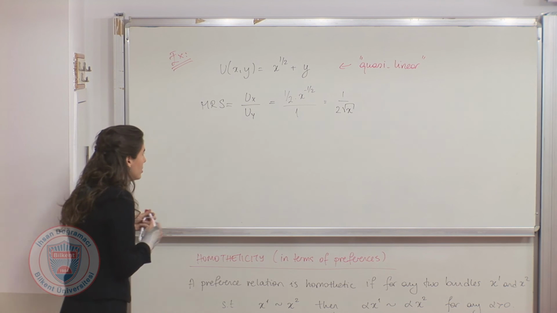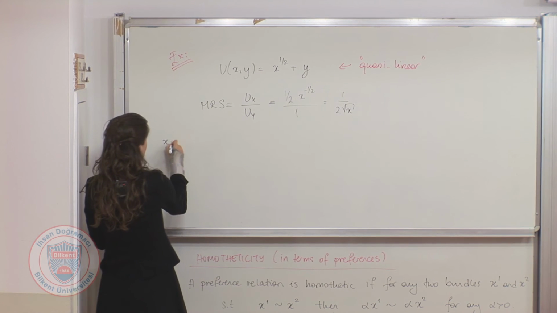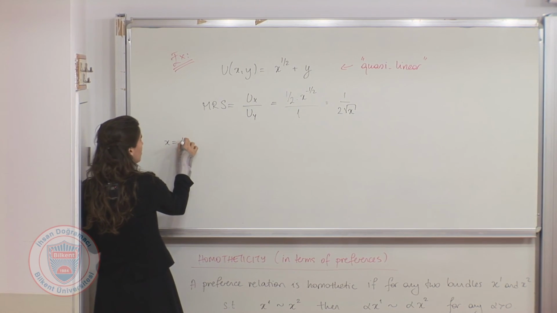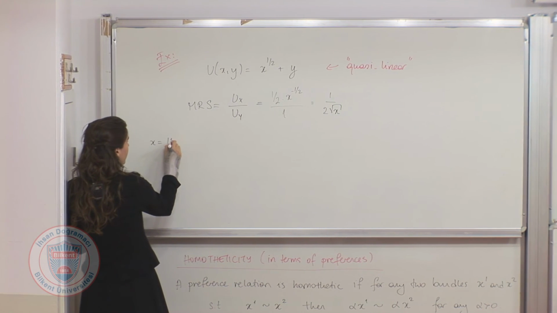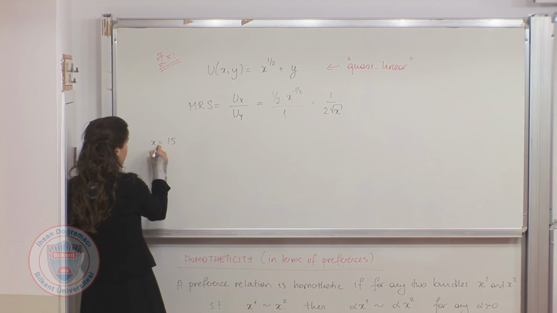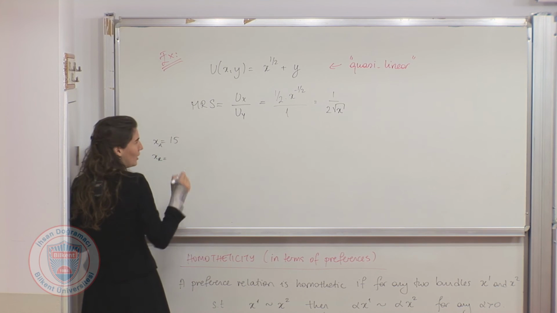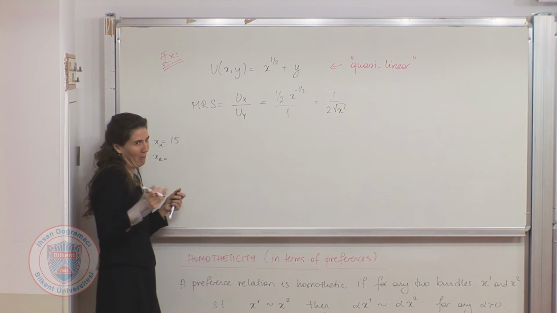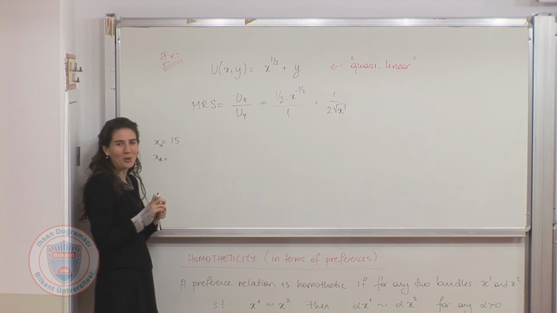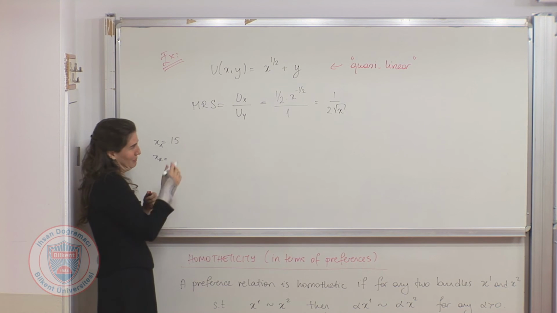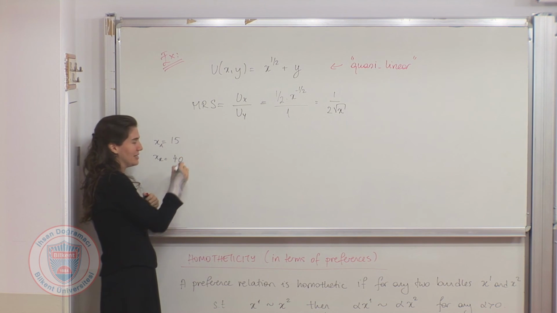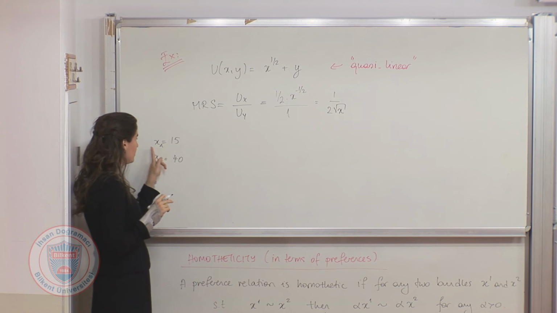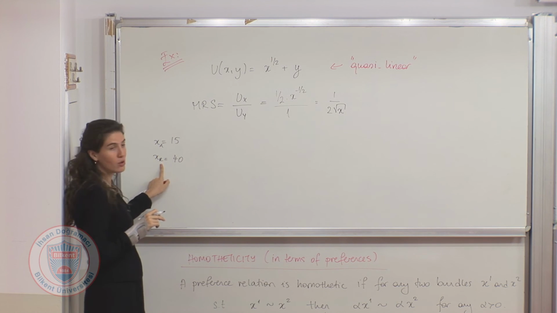Because suppose Akbaba can only go on holiday for 15 days, and Rahmi Koç can go on holiday for, is he working? I don't know, so let's say 40 days. So suppose this is x of Akbaba and x of Rahmi Koç.